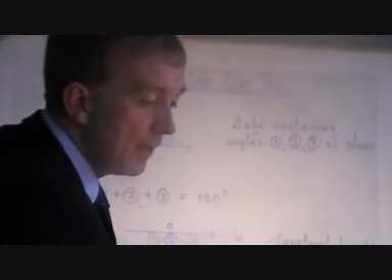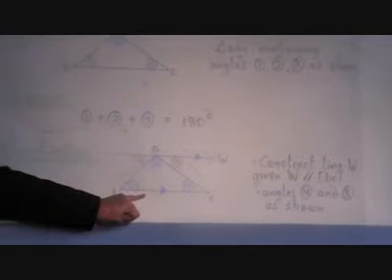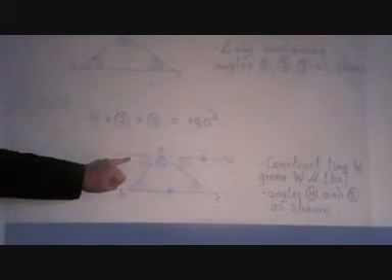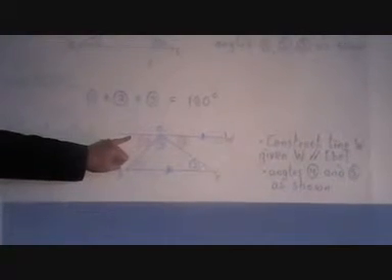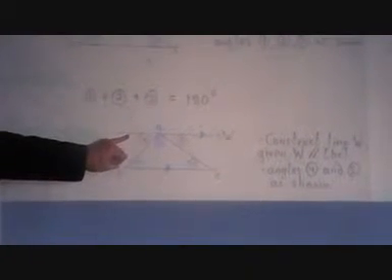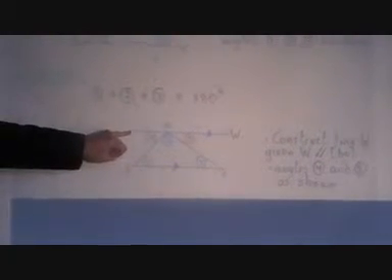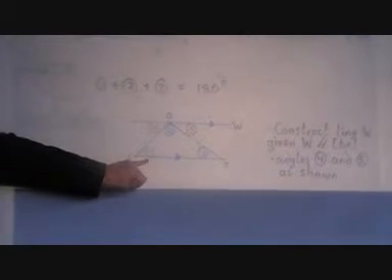Now the construction, lads, is very, very important. The base of this triangle is the line BC. I want to construct or draw a line, which we can call anything, in this case W, which is parallel to BC. So construct line W, given that W is parallel to BC.